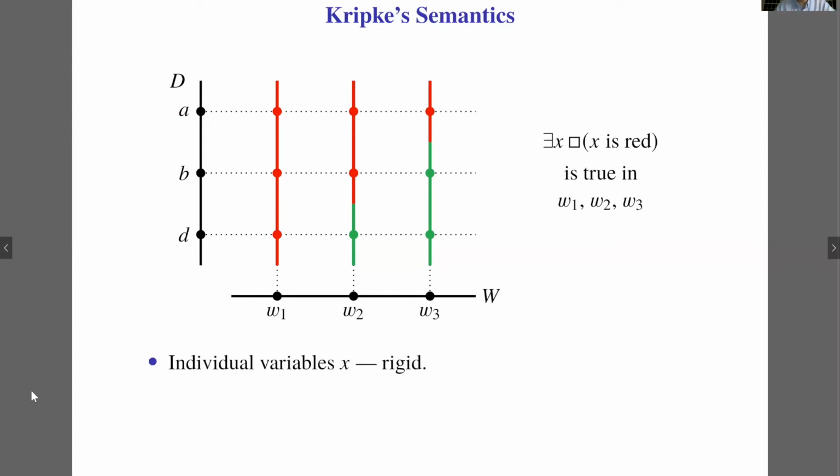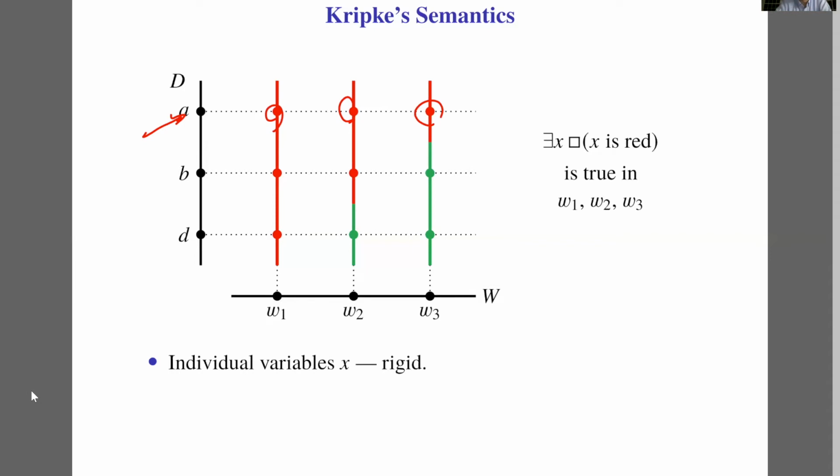Okay, so the upshot is that the individual variables x, which we just used, are what Kripke calls rigid designators. They refer to a thing in the domain rather than to those points.